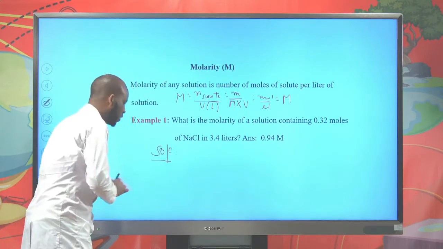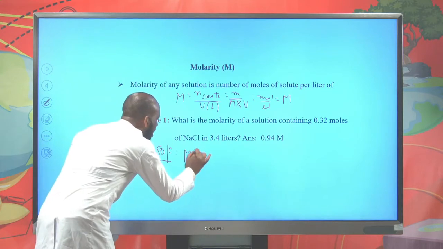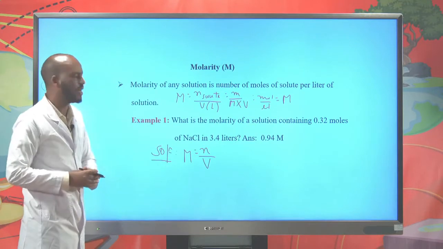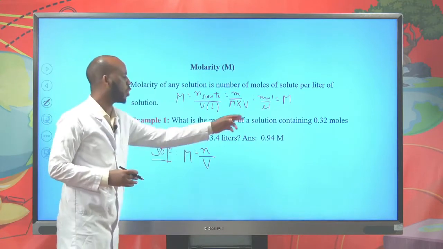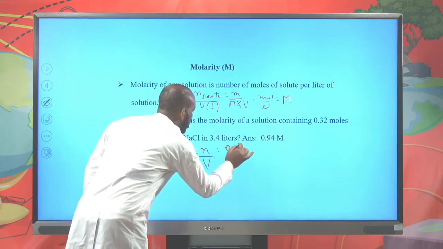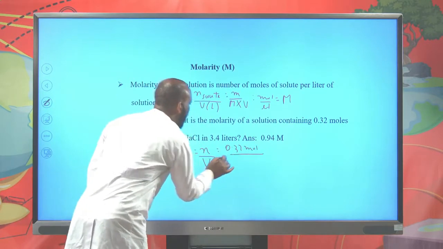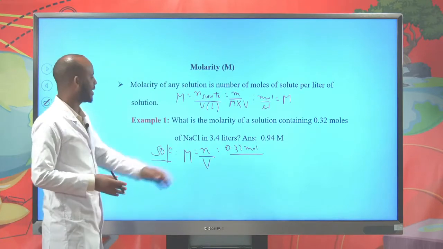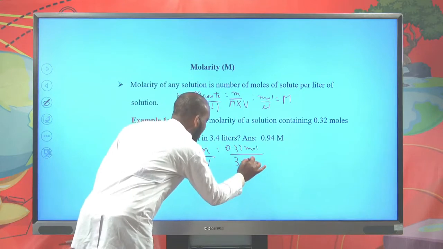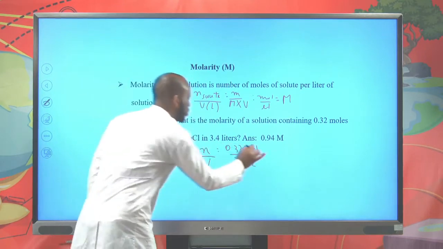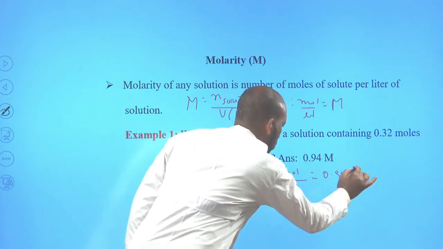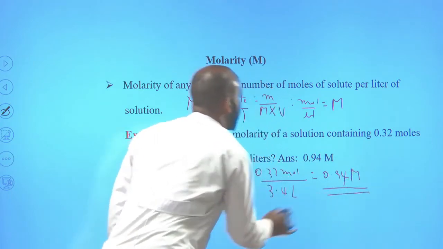Molarity of the solution, capital M, equals the number of moles of solute divided by the volume of the solution in liters. The number of moles of solute is 0.32 moles, divided by the volume of the solution, 3.4 liters. This is 0.94 mole per liter, which is known as molar, capital M.